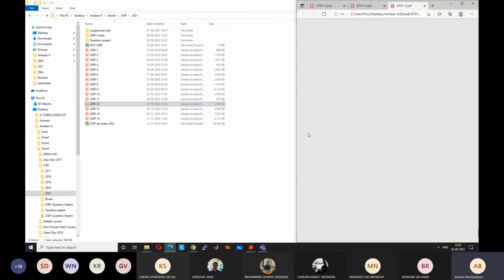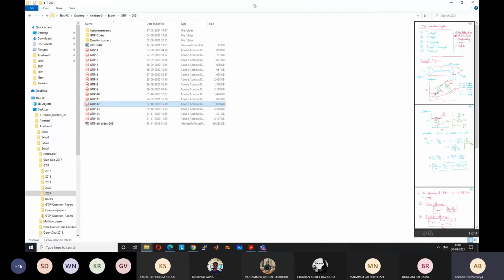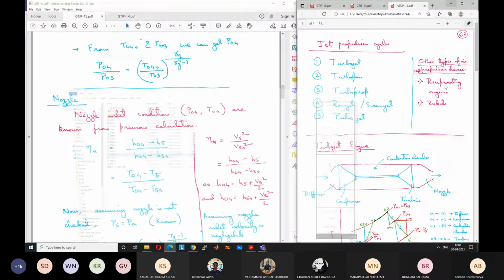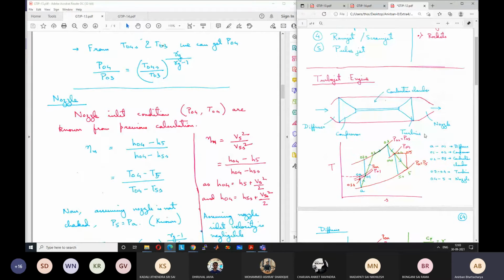Okay, so this was the aircraft engine schematic diagram, and what were the processes, if you remember? The inlet condition is aircraft velocity VA. Relative to the aircraft, the inlet velocity is VA, and this kinetic energy is used up for increasing the pressure and temperature of the fluid. So basically, it's like a compression process without the compressor.